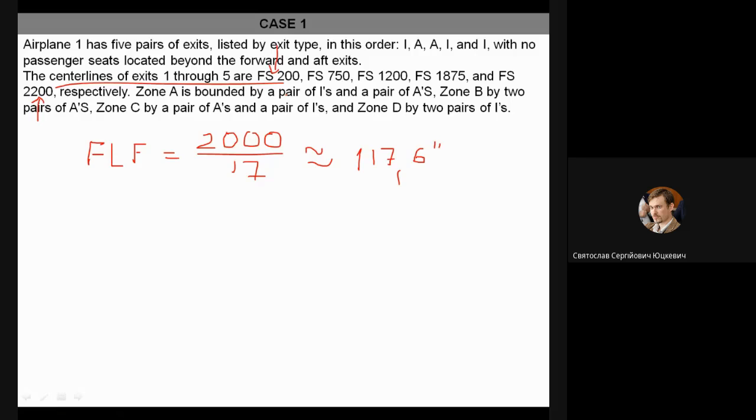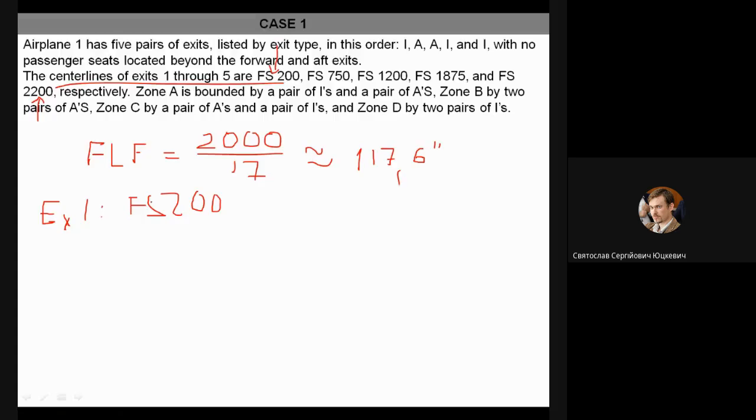We could not make a decision to change the location, without any possibility to move them. And for exit 1, we will use fuselage station 200 as a rule. For exit 2, we need to check it by the calculations.